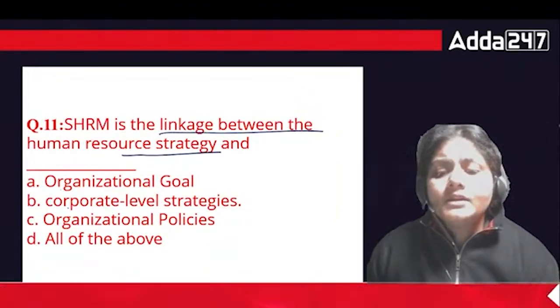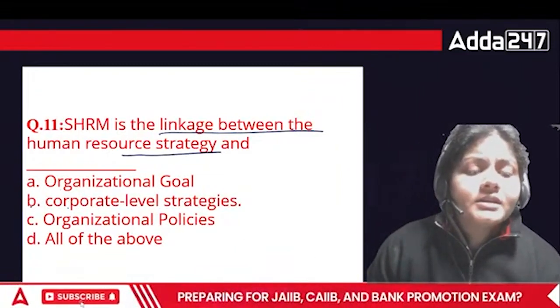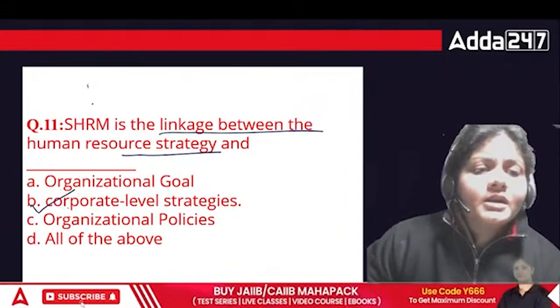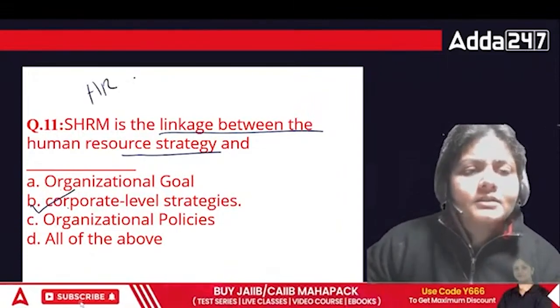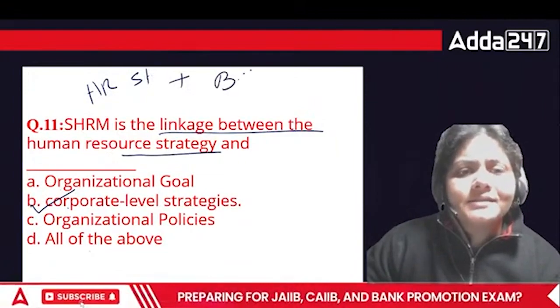When we are talking about SHRM, we are talking about linking the HR activity with the corporate strategy or the business strategy. We have to link HR strategy with the business strategy.